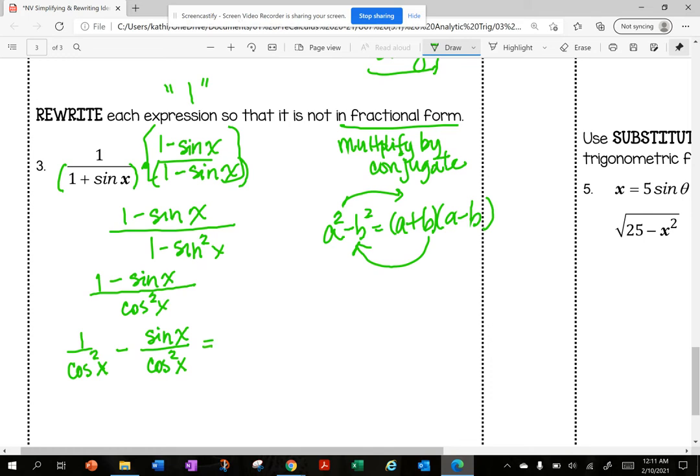And I can rewrite this as secant squared of x minus sine of x divided by cosine. I'm going to separate these, so I have cosine of x and cosine of x.